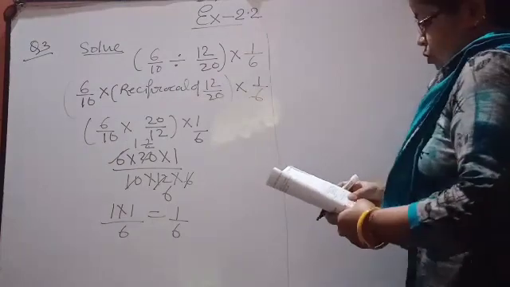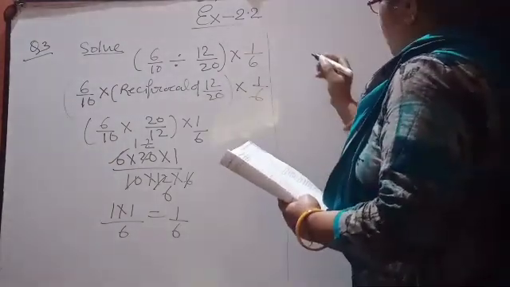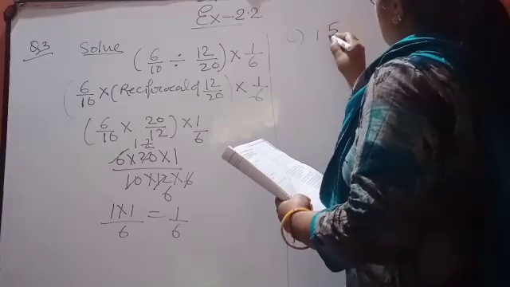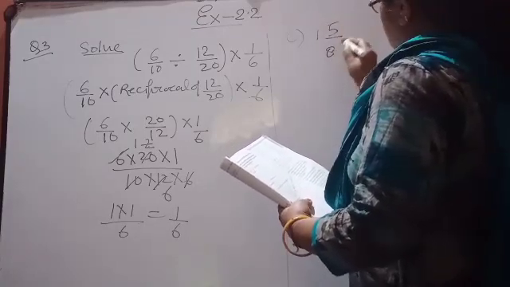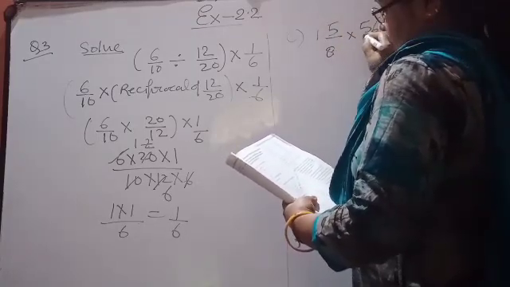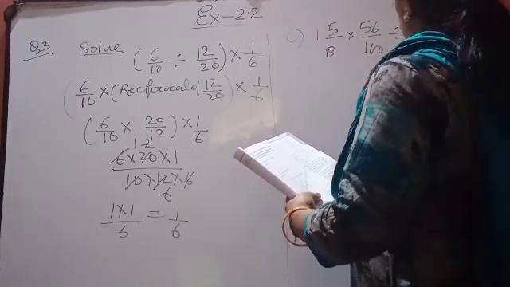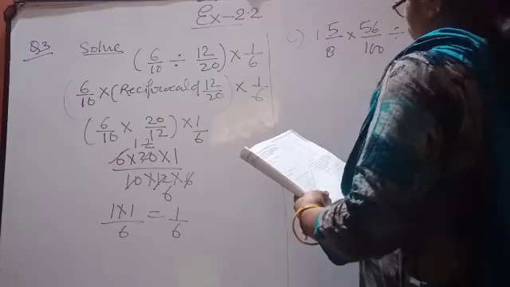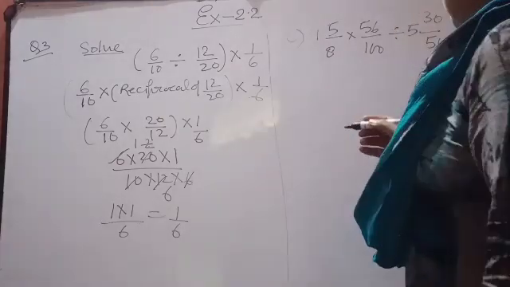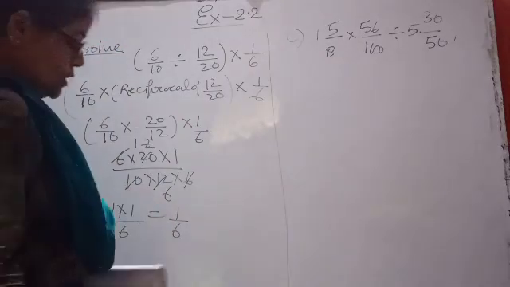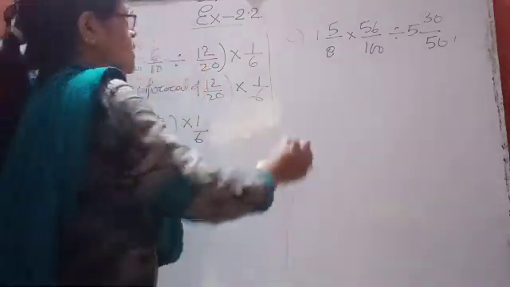See, one more part of this question I am doing, and then one part will be left for you. C part I am taking now. B part you will do yourself. C part: 1 5 upon 8 into 56 upon 100 divided by 5 30 upon 50. How will you do it? Whenever a mixed fraction is there, change it into an improper fraction in the first step.